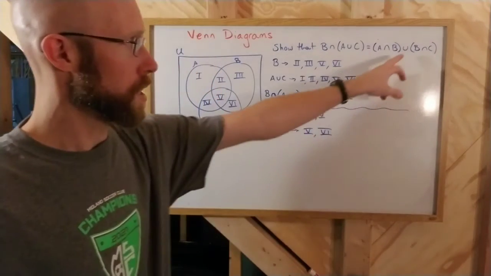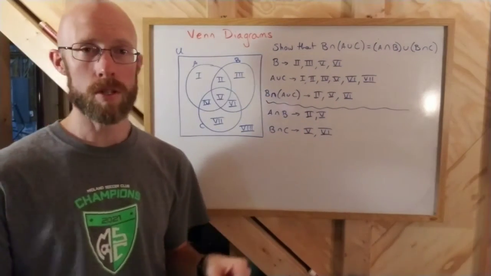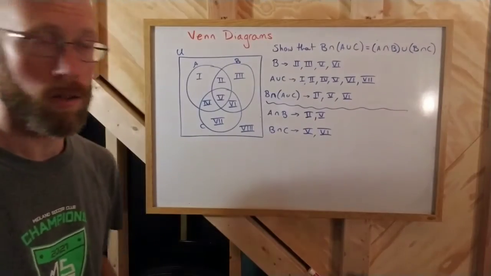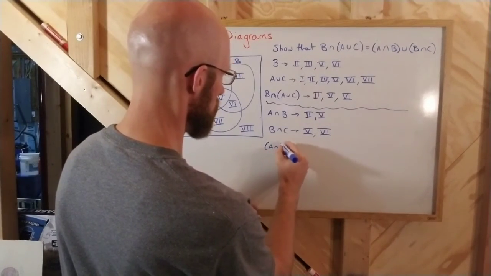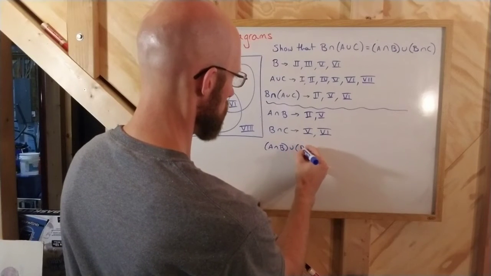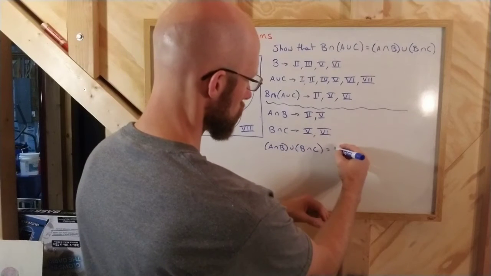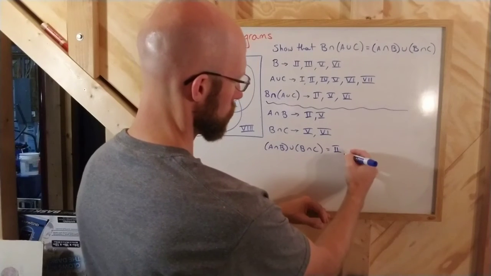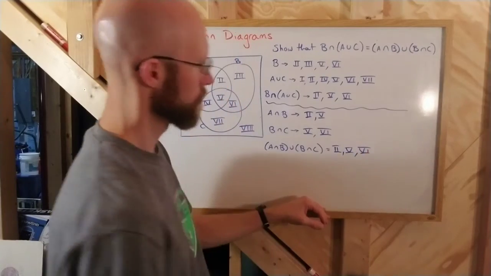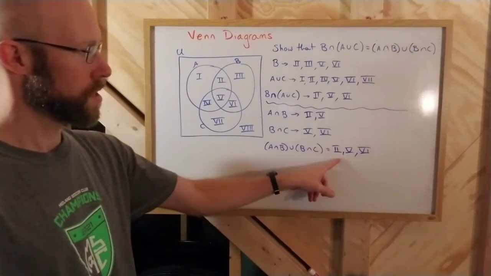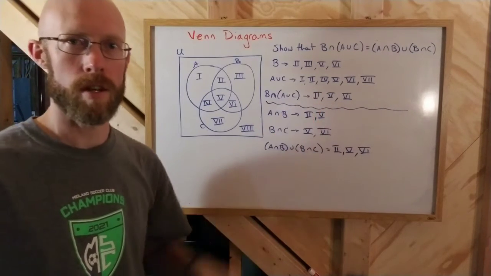And then if I look at the union of those two sets, it's all the regions that appear in one or the other or both, right? So that means that A intersect B union with B intersect C is going to include region 2, region 5, and region 6. 2, 5, 6. Does that match up with what we had before? 2, 5, 6. Yep, sure does.